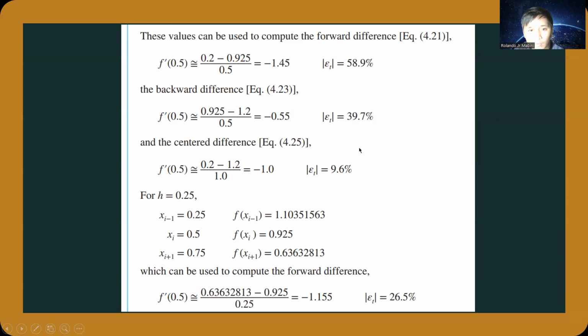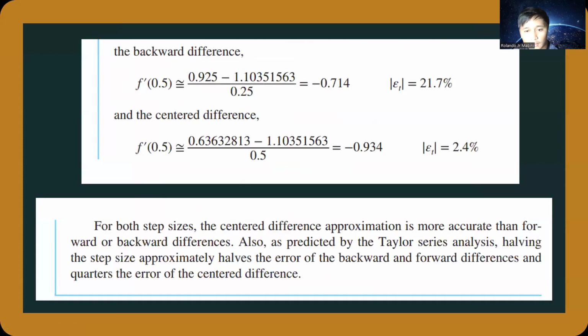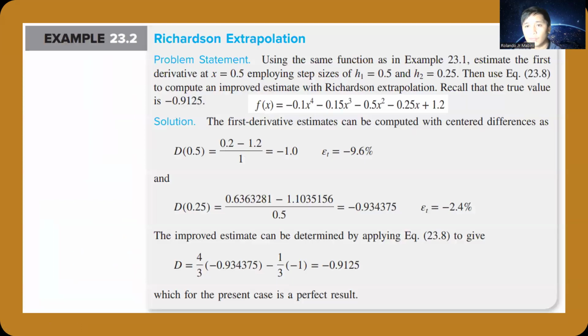So the more accurate one is the center difference, because the error for forward and backward difference is 58.9 and 39.7 percent respectively, while for the center difference it is just 9.6%. So I was mistaken earlier. Anyway, this is the sample problem that I have.